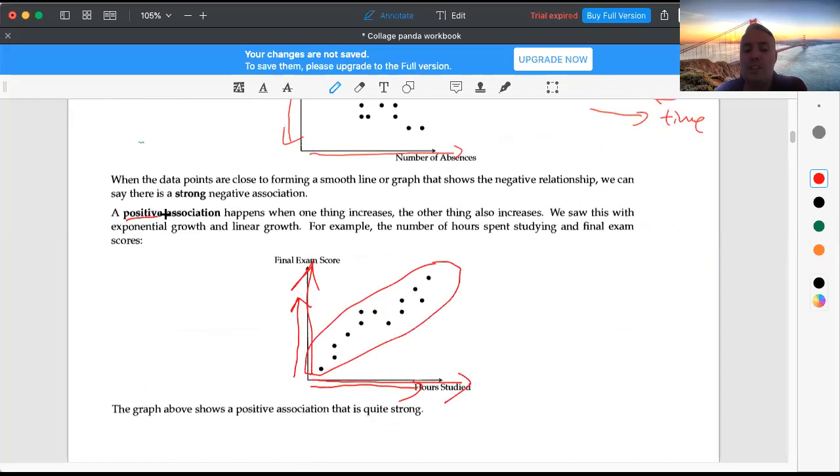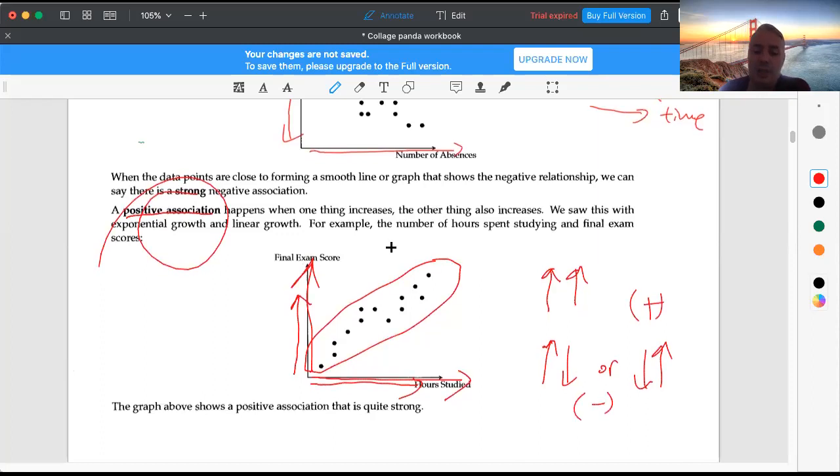There is a positive association between these two things. So one more time, when something increases and the other thing also increases, we have positive association. When something increases and the other decreases, or when something decreases but the other increases, we have a negative association between the things we are talking about.